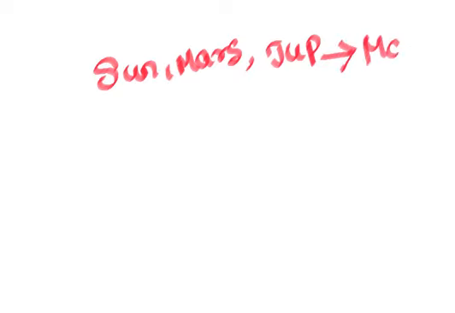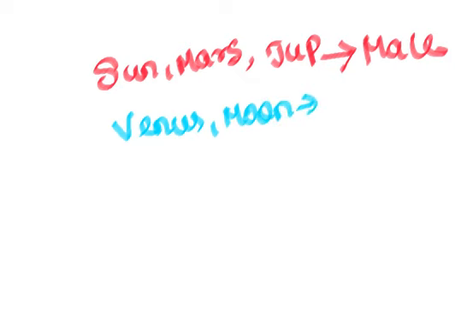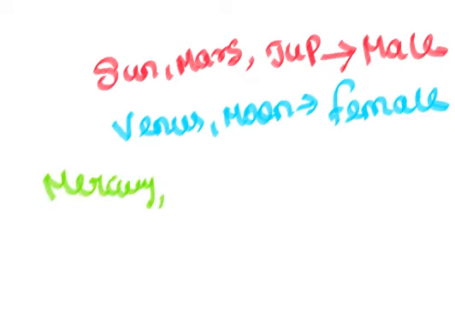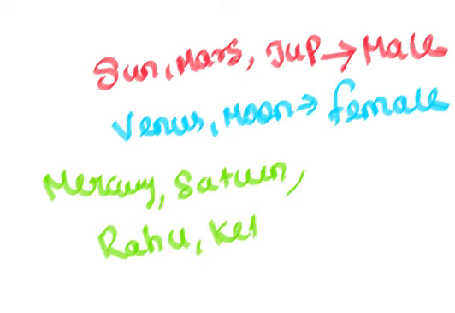Sun, Mars and Jupiter belong to male planets. Again, Venus and Moon belong to female planets. The remaining planets we know: Mercury, Saturn, dragon's head, that is Rahu, and dragon's tail, that is Ketu.